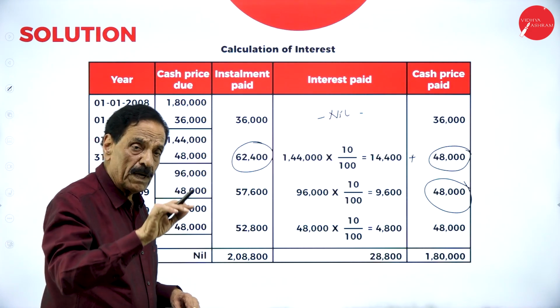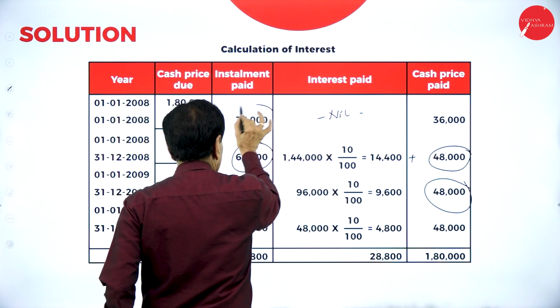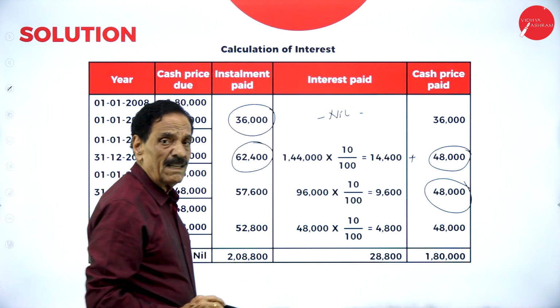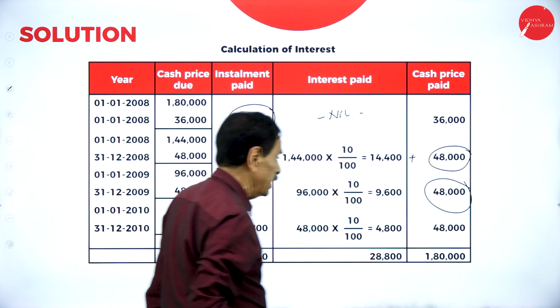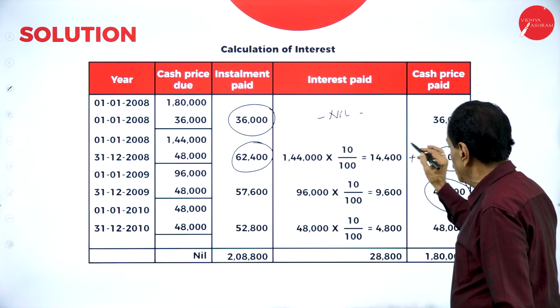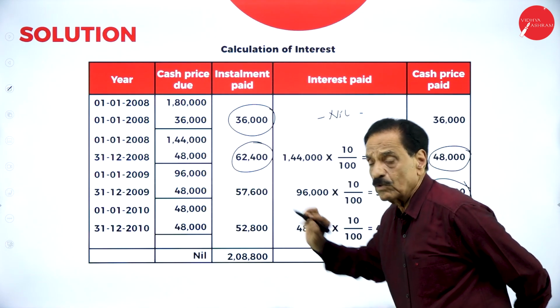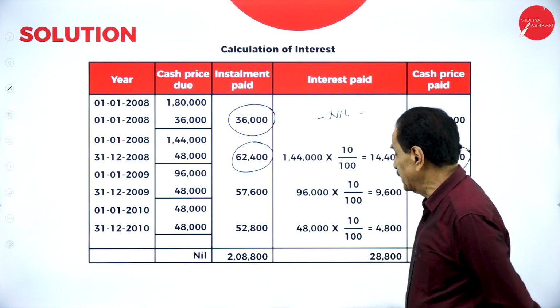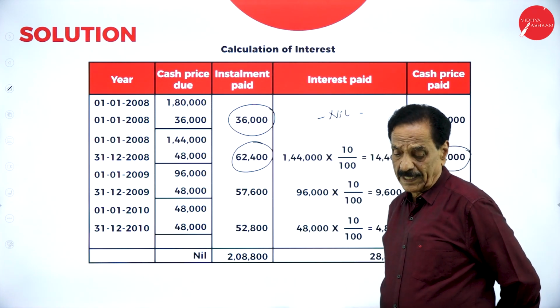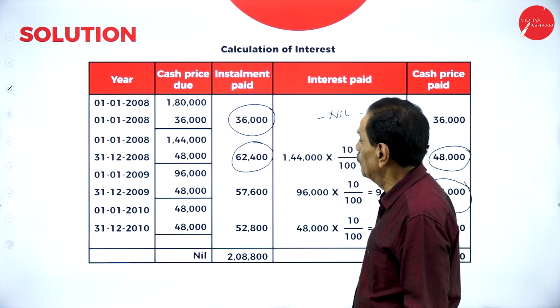The first down payment, this 36,000, does not contain any interest at all. Then every year, this is your installment, which includes the interest: 48,000 plus 14,400 is 62,400, then 57,600, then 52,800. Then we'll move on.